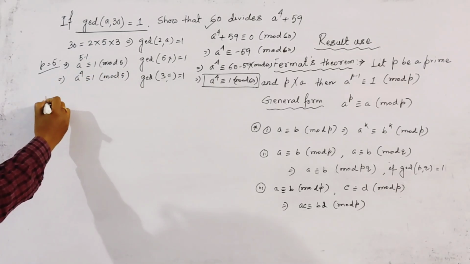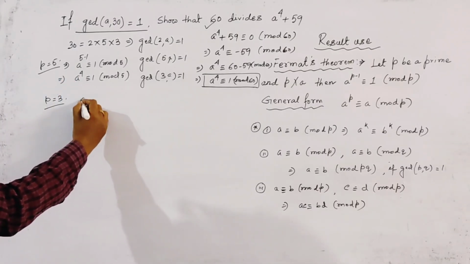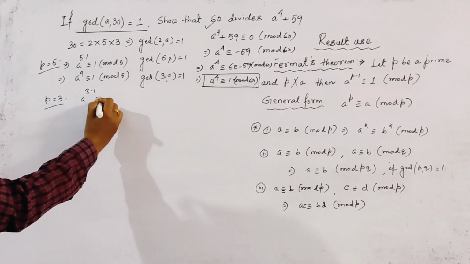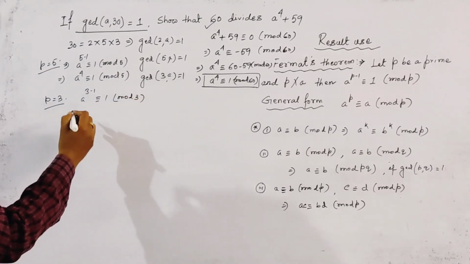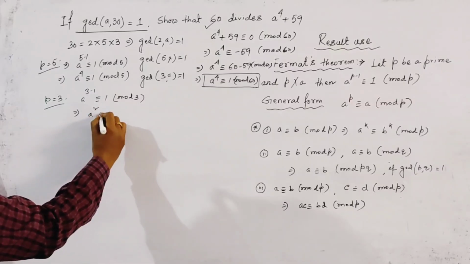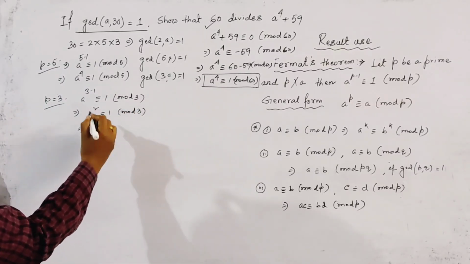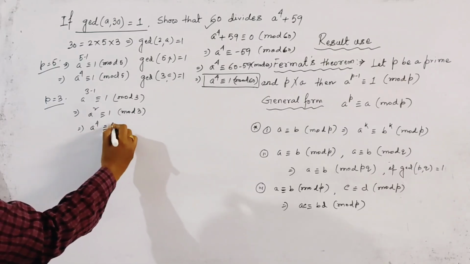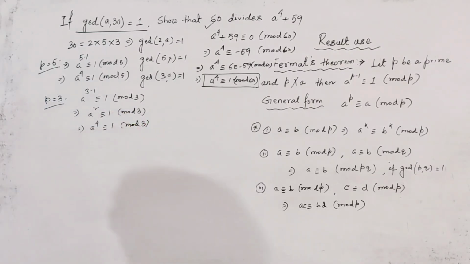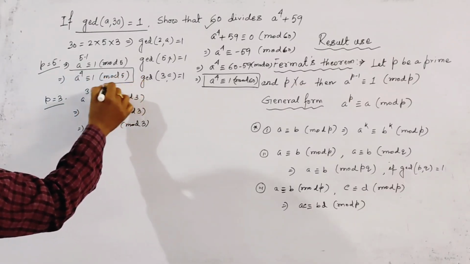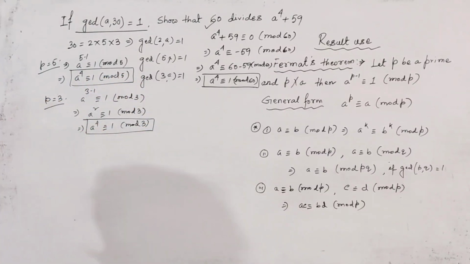Now for p equal to 3, we can write a to the power 3 minus 1 is congruent to 1 mod 3, which can be written as a square is congruent to 1 mod 3, and this gives a to the power 4 is congruent to 1 mod 3. We use this result and this result to prove our final answer.